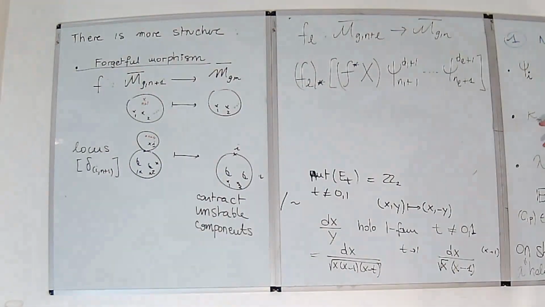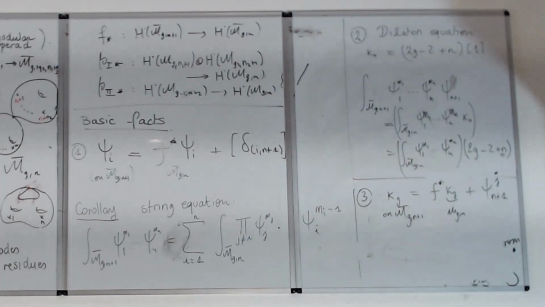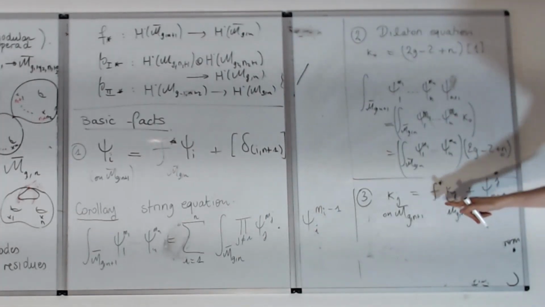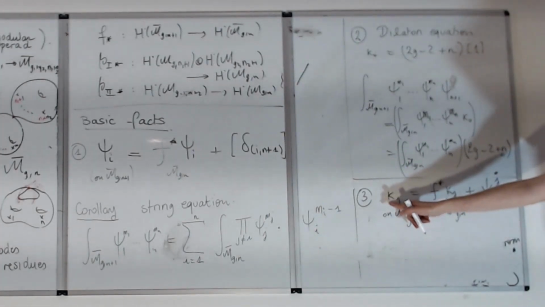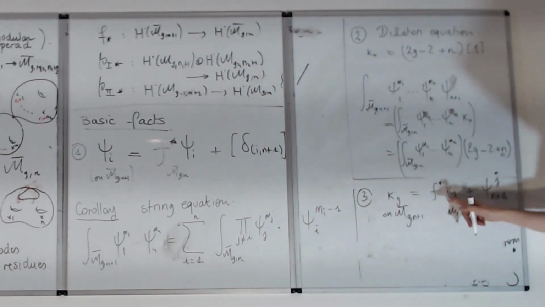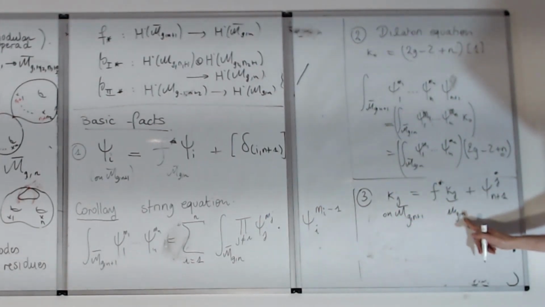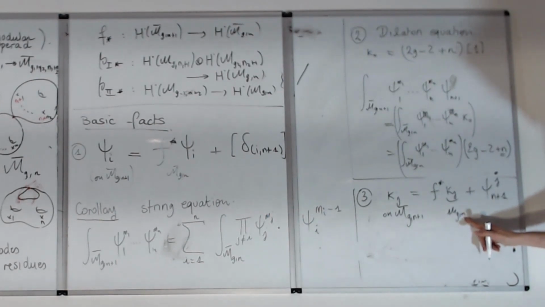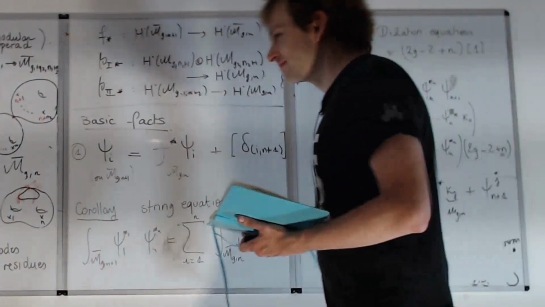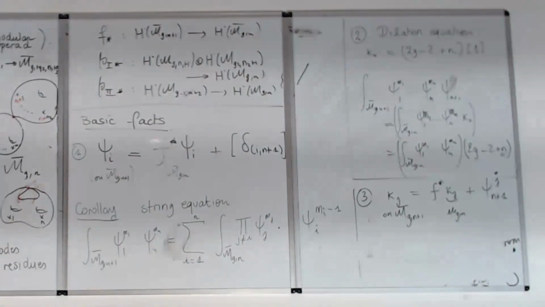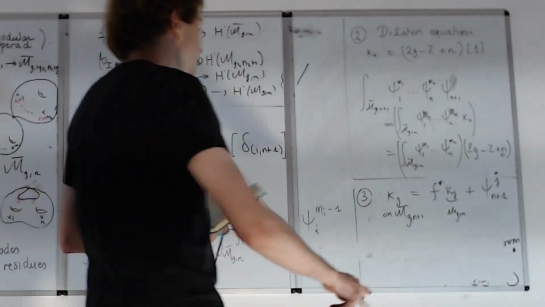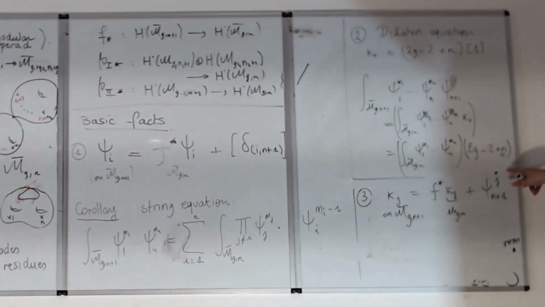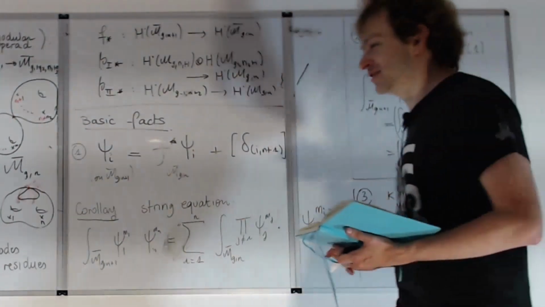The kappa classes are indexed by an integer, so it's just a number. So kappa j is equal to the pullback of kappa j on M_{g,n}. Sorry, it's j everywhere. It's kappa j, and here psi to the power j. It's my writing, too small.